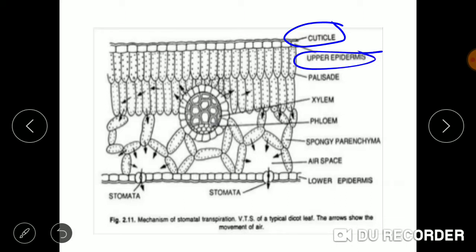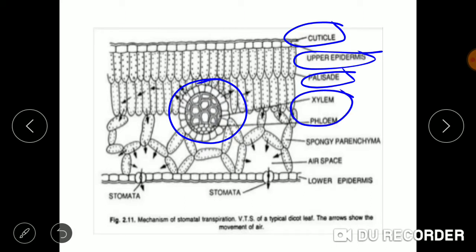Next is epidermis. Epidermis also provides protection. Then come the palisade cells. Palisade cells are compactly packed cells, as you can see, and they help in the process of photosynthesis. In the center, we can see the vascular bundle, which consists of xylem and phloem.